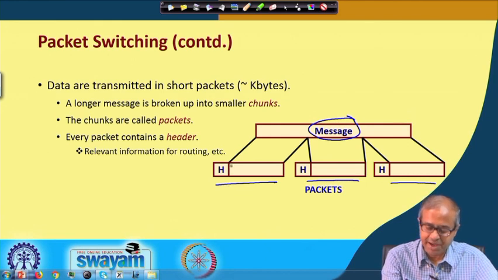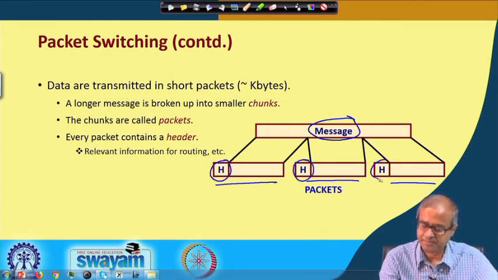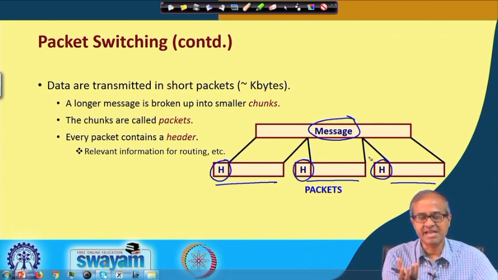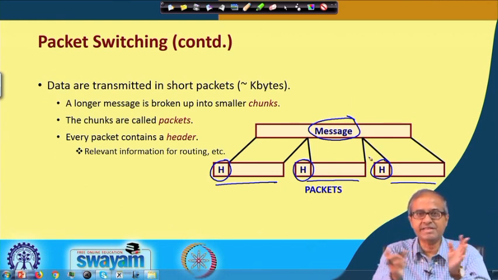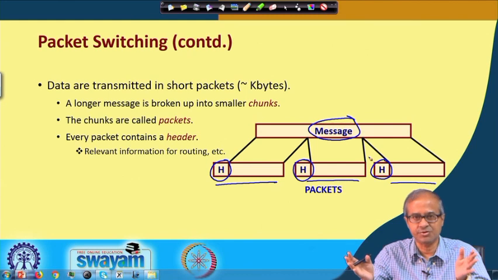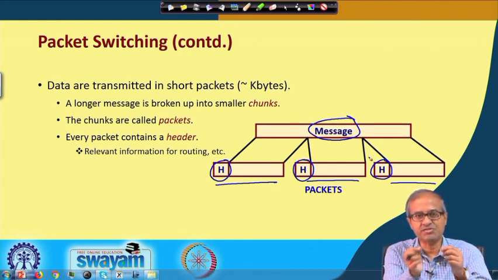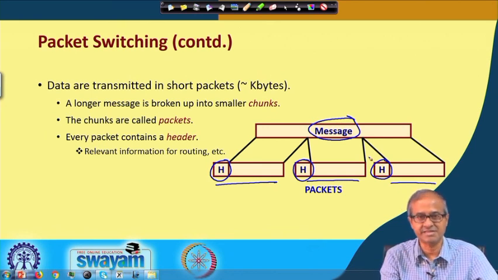And with each packet you add a header. This header will contain some relevant information like where you want to send the packet, destination address and some information relating to that. So, each of these packets you are dividing your message into will have some additional overhead in terms of headers.